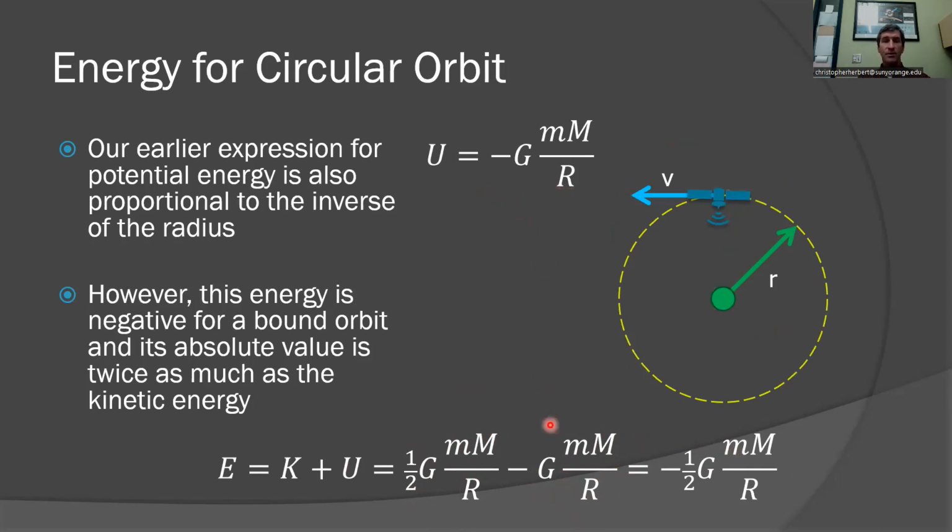So again, the total energy of the system is negative 1/2 GmM over r. The kinetic energy is 1/2 GmM over r, and the potential energy is negative GmM over r. Again, the potential energy is always negative for a bound system.